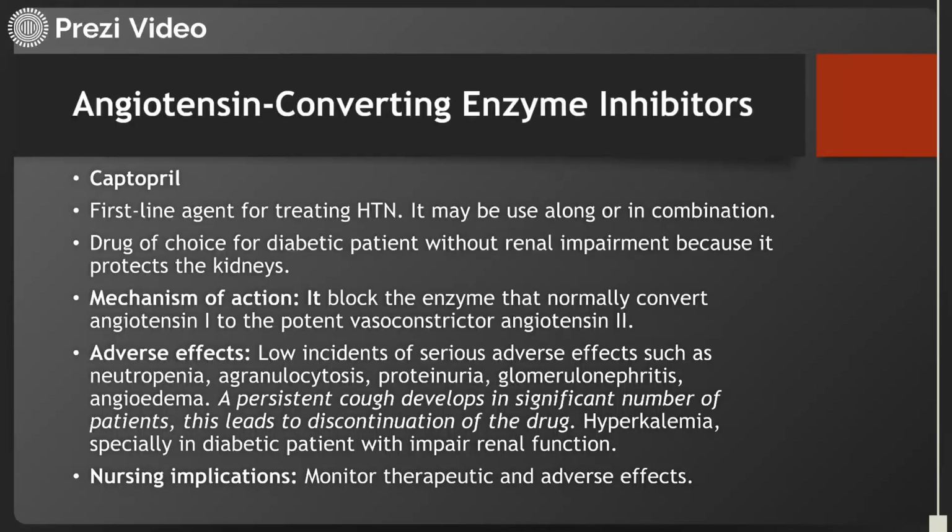The adverse effects are really low, but it does have such as neutropenia, granulocytes, proteinuria, glomerulonephritis, angioedema. One important thing is that if the patient develops a cough, even though it's a normal adverse effect of the ACE inhibitors, we have to let the provider know because they need to discontinue the medication.